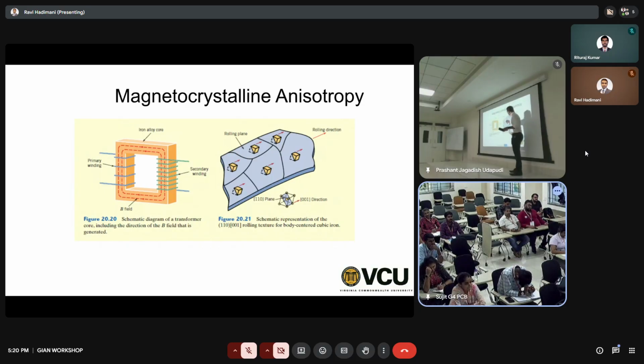You can use certain rolling techniques, or you can cool it. When you're cooling it, you apply an external magnetic field, so the easy axis aligns to the field direction.